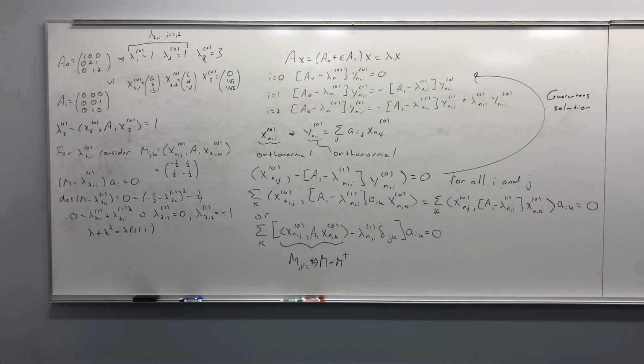Hold on just a second. Did you set lambda 2, 1 to negative 1 and lambda 2, 2 to 0? Pause for a second. Okay. Pause. Hold on a second.